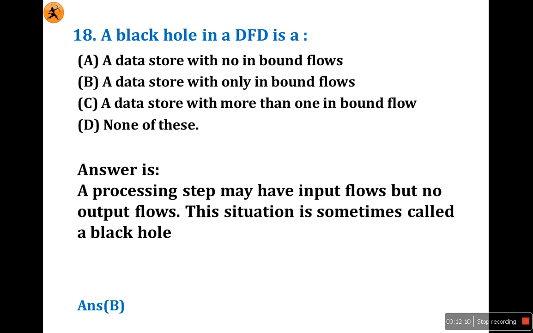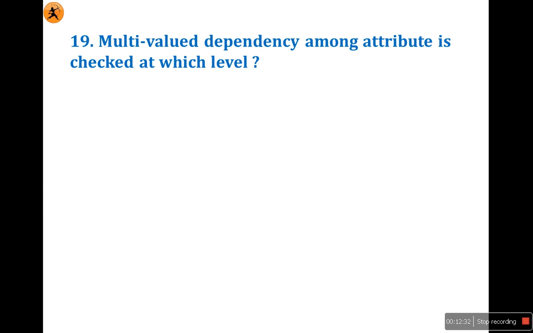A processing step may have input flow but no output flows. This situation is called black hole. A black hole in a DFD is a data store with only inbound flows, not outbound. Outputs means there is no outbound flow. So answer is B. Next we will move to the 19th question.